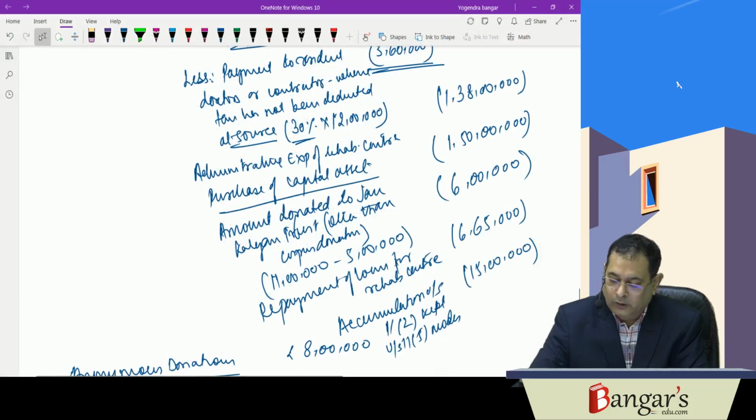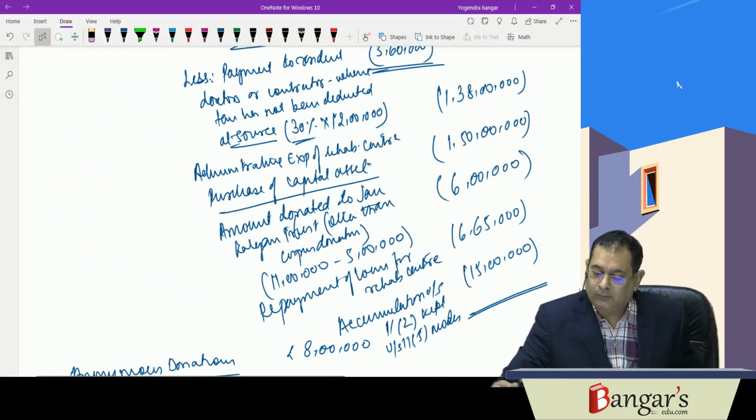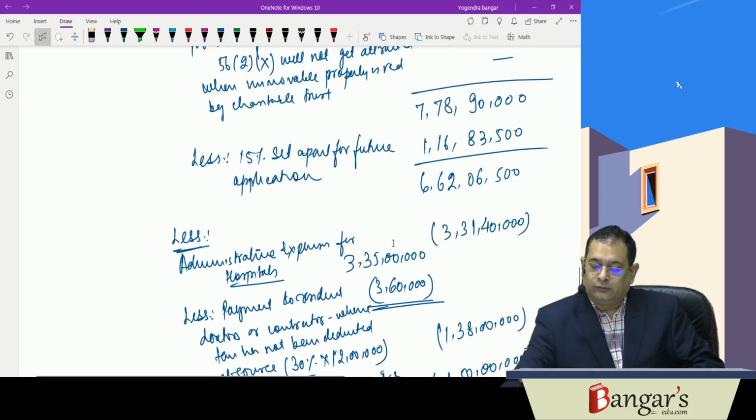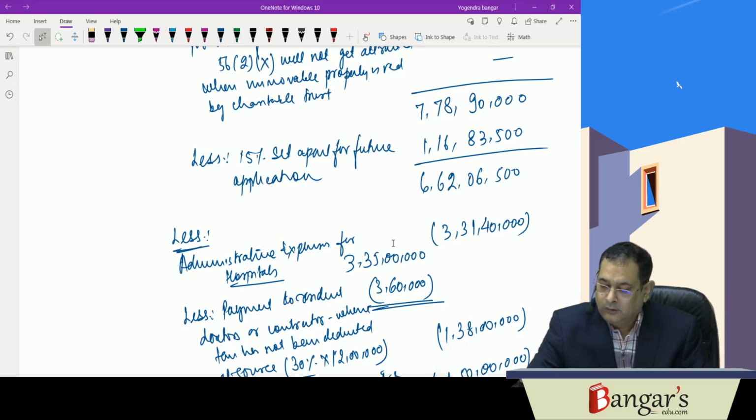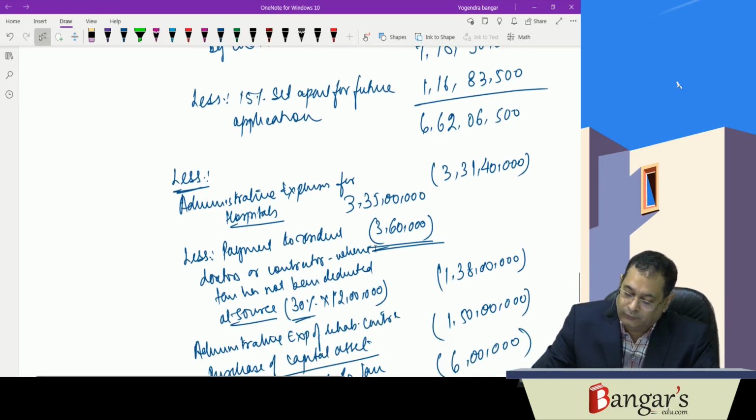So this gives you our income. Then we'll be adding the anonymous donations which are taxable under 115BBC. It is 6,62,06,500.